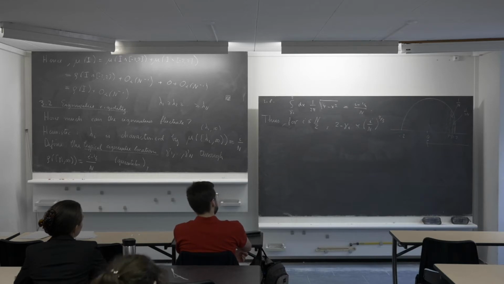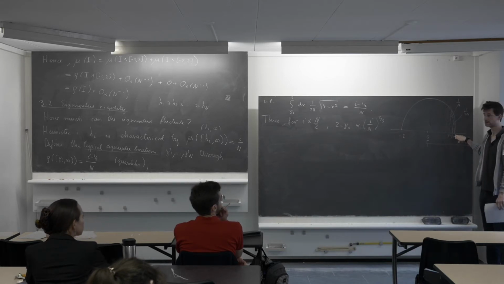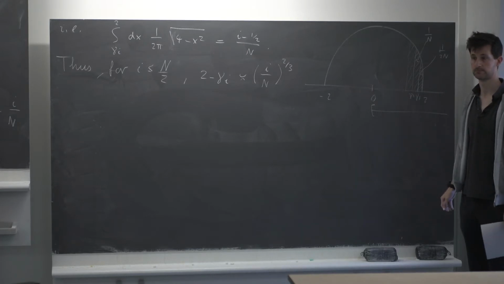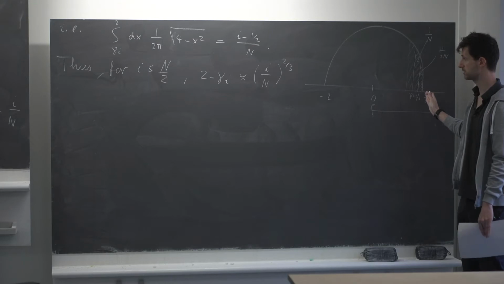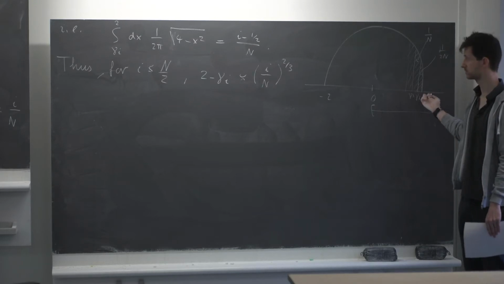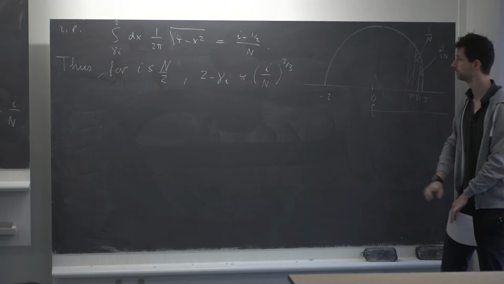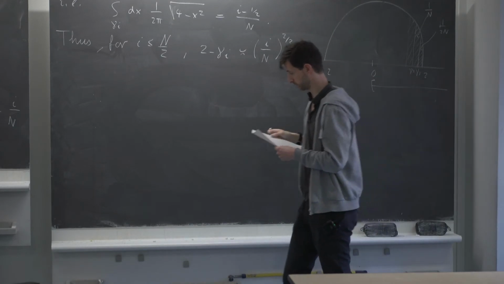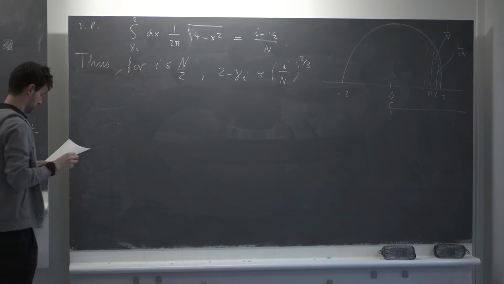So in particular, the separation between two guys near the edge here is of order n to the minus 2/3, and the separation between two guys here is of order 1 over n. So you have a transition: near the edge the spacing is n to the minus 2/3, and as you go into the bulk, the spacing goes to n to the minus 1. And this turns out to be true also for the eigenvalues, and that is the content of the following result, which is the main theorem of this section and called the eigenvalue rigidity.